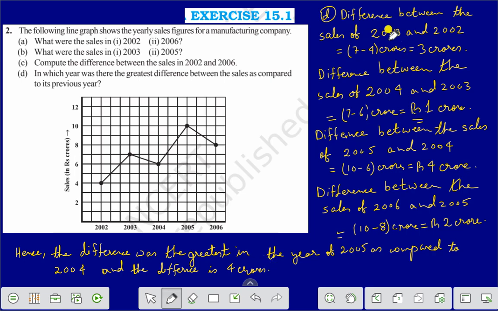In other years, in 2003 and 2002, it is a difference of 3 crores. In 2004 and 2003, there is a difference of 1 crore. The difference between the sales of 2005 and 2004 is 4 crore. And the difference between 2006 and 2005 is 2 crore. Then the maximum is 4 crore, that is in the year 2005 compared to 2004.